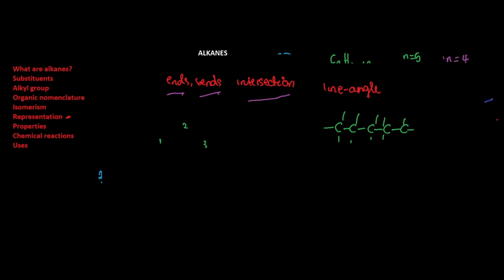So we'd have 1, 2, 3, 4, and 5. Each end is a carbon. There's a carbon at this bend, a carbon at this bend, a carbon at this bend, and at this end there's a carbon. So we have 5 carbon atoms.